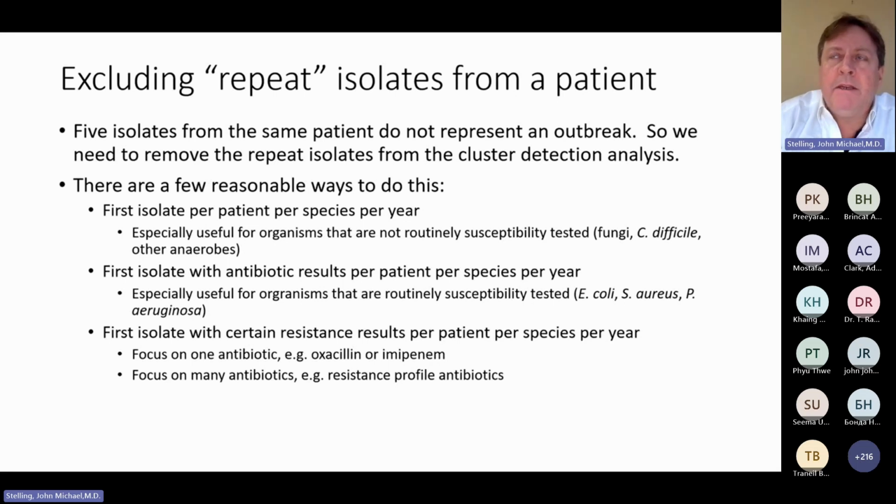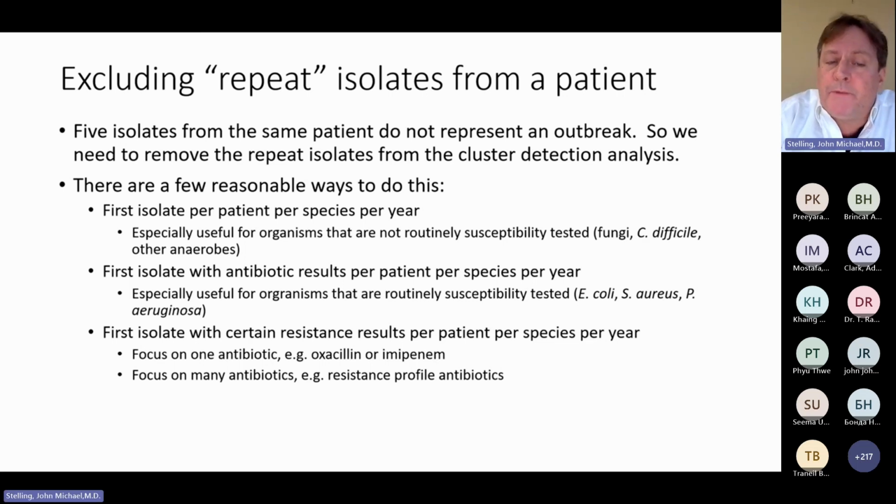So if a patient had MRSA 3 months ago, I want that first isolate from 3 months ago, and I will ignore the MRSA from today because I presume it's still the same episode of infection or colonization. But if the patient had MRSA 5 years ago, I will focus on the current one because it might be a new episode, it might be a new strain of MRSA.